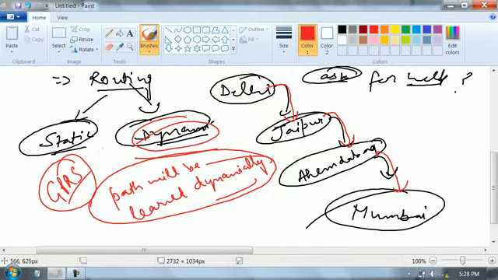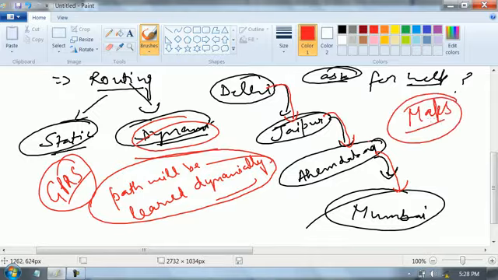Okay. All of you are using Android phones. In Android phones, you have a service called Maps. Just try to understand. If you are traveling from Jaipur to Ahmedabad and there is some problem, if I define the path statically, you will get stuck because you don't know any other way.